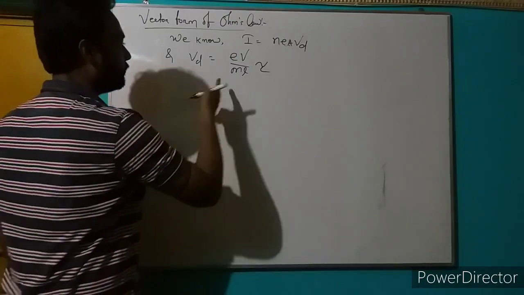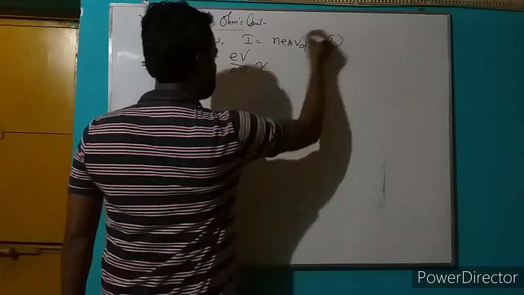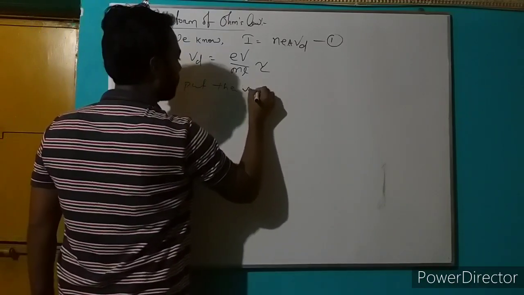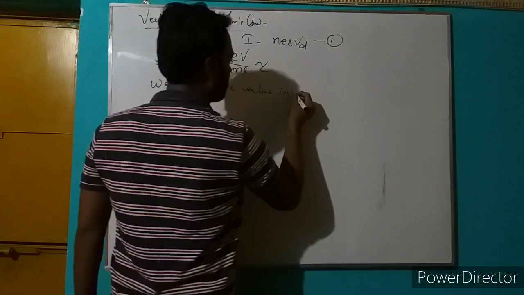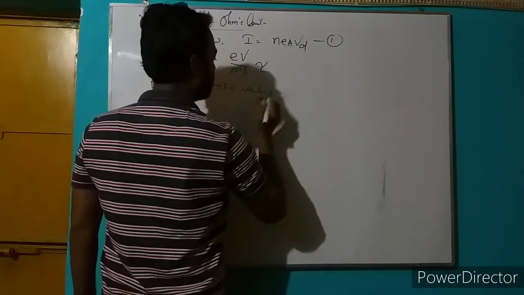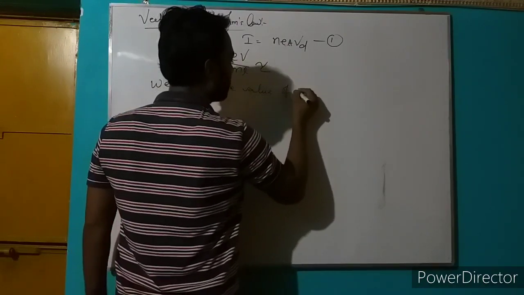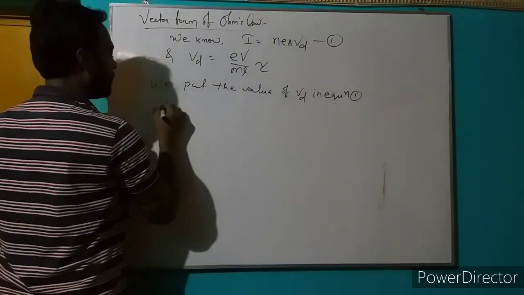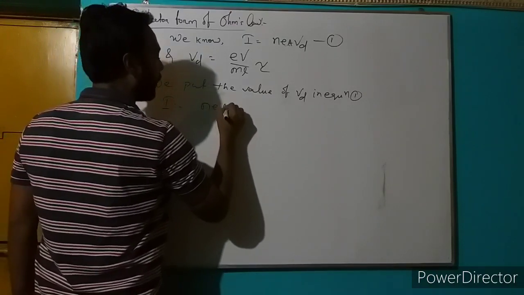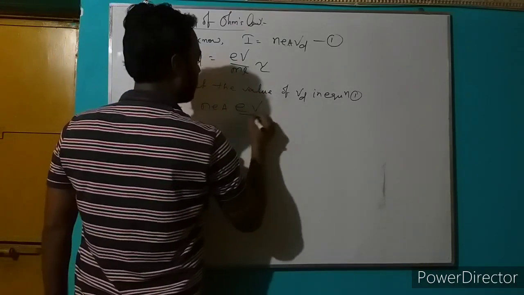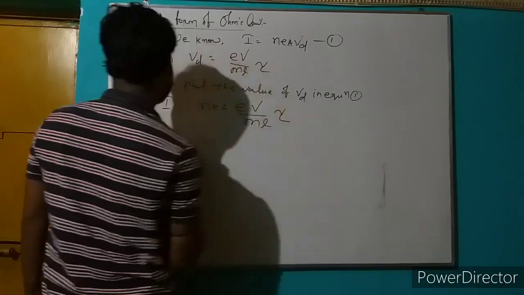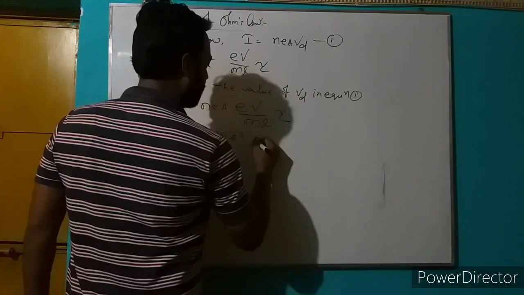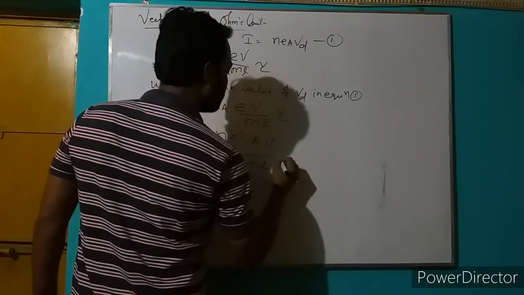So if you put the value of VD in equation 1, then I equal to, what will happen? NEA EV by ml into tau. So I equal to ne square AV by ml into tau.